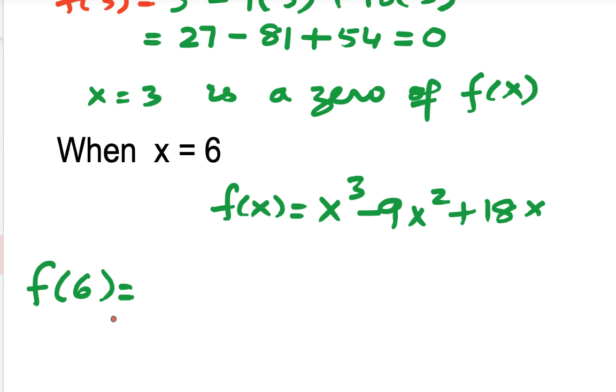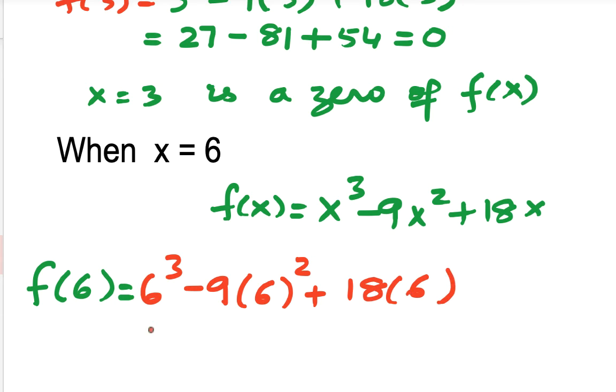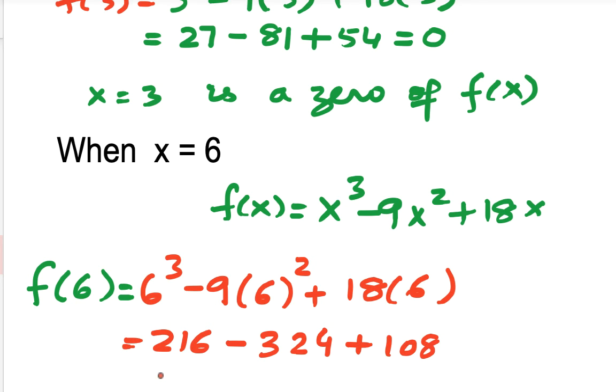So when we do that, we get on the right-hand side 6 cubed minus 9 times 6 squared plus 18 times 6. We are getting the values to be 216 minus 324 plus 108. And we get that to be 0.